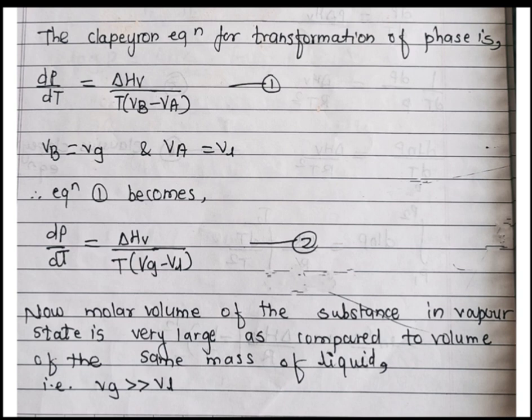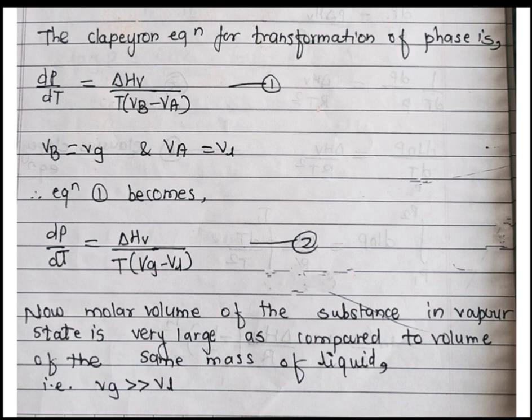So, before that, we have seen the Clapeyron equation: dP by dT is equal to delta HV divided by T into (Vb minus Va). And this is our equation number 1.